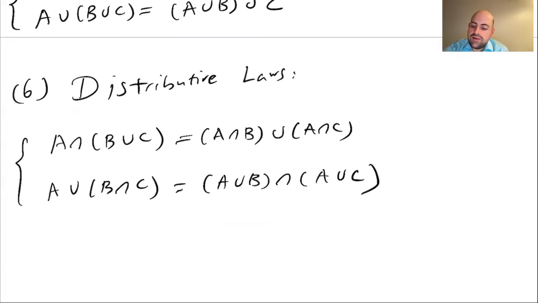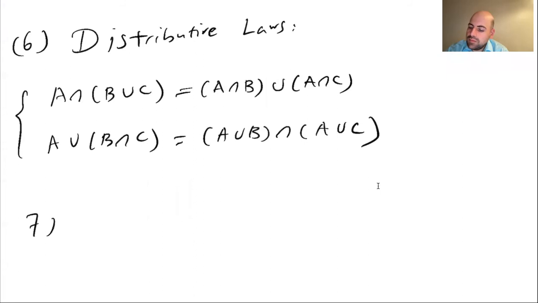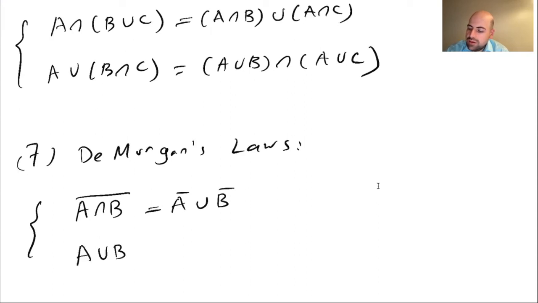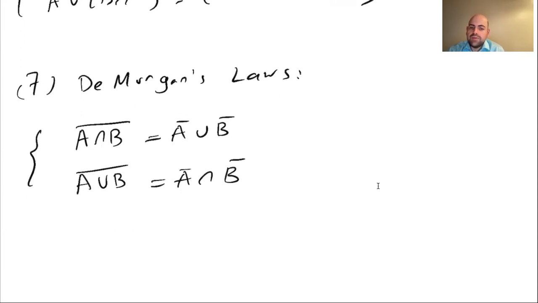And then we also have De Morgan's laws, basically. So this one says, A intersection B complement is A complement union B complement. A union B complement is A complement intersection B complement.